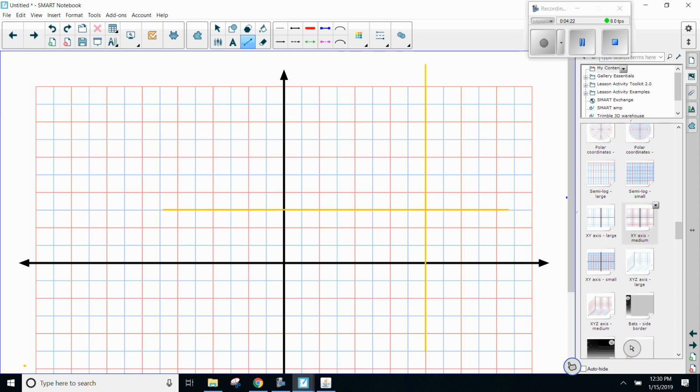And x equals 14. Oh, shoot, 8. There's x equals 14. Now it's tangent, which means it touches each one of those in one spot.